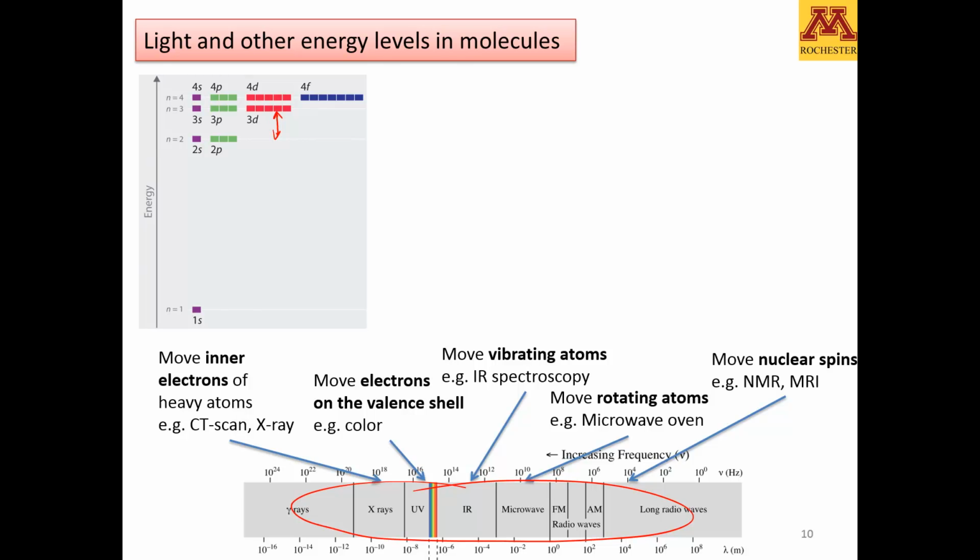Let me give you an example. So the CT scan and the X-ray, the photons of X-rays carry enough energy to move electrons of heavy atoms, and typically from inner core electrons. So like calcium, I believe it's a 4s or 5s, so it has a 1s electron down there.